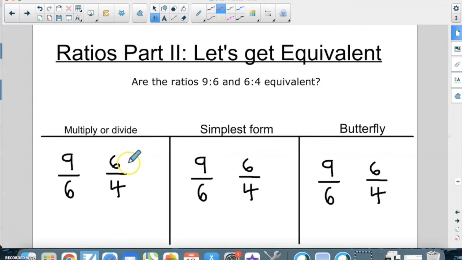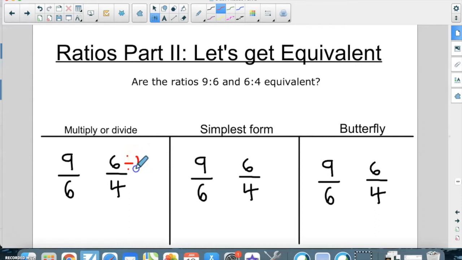So I'm going to divide, and I'm going to divide this one. Well, because I know I can't do like 6 times 2 would be 12. Doesn't fit. And 4 times 2 would be 8. And 4 times 1 is 4. So I can't multiply to go from one side to the other. So I'm going to start off by dividing. I'm going to divide this by 2. Okay.